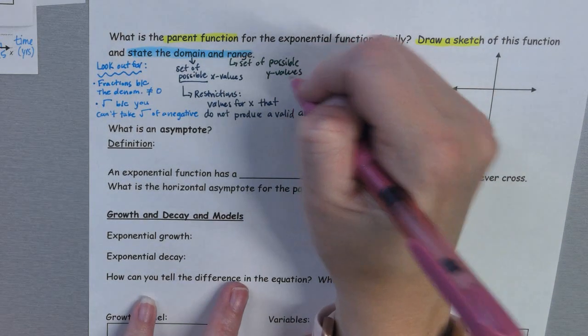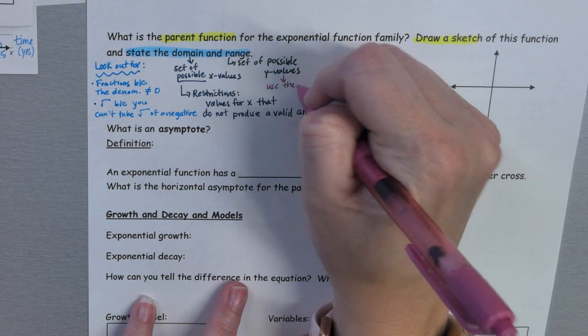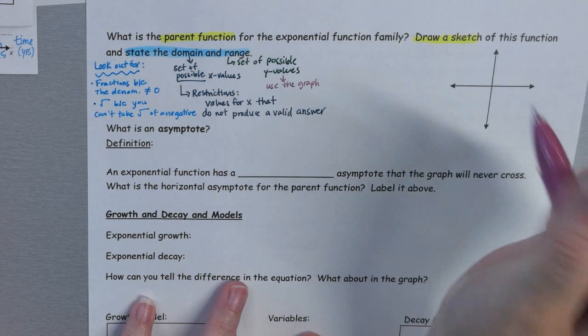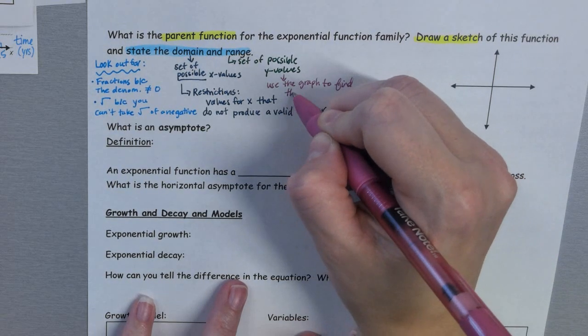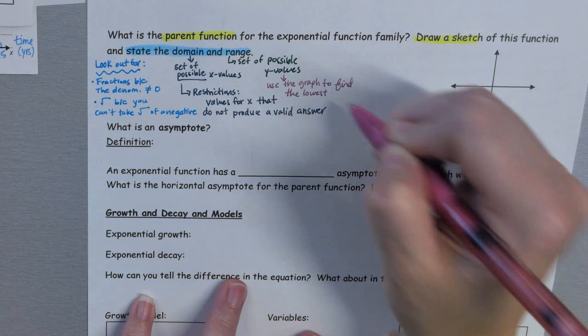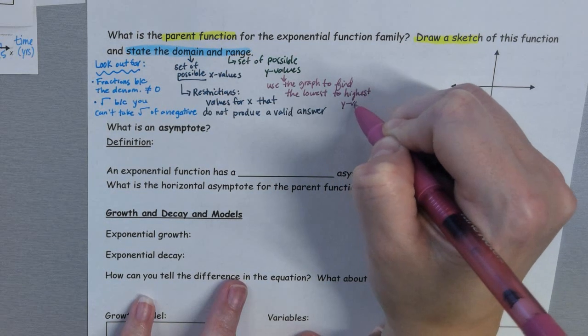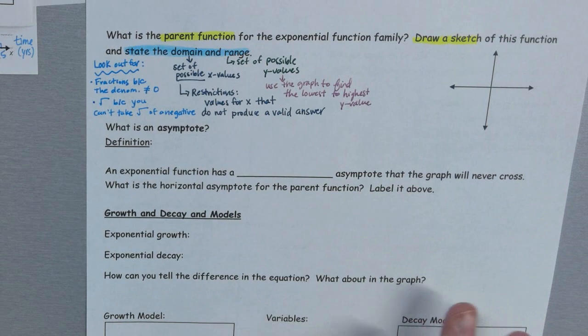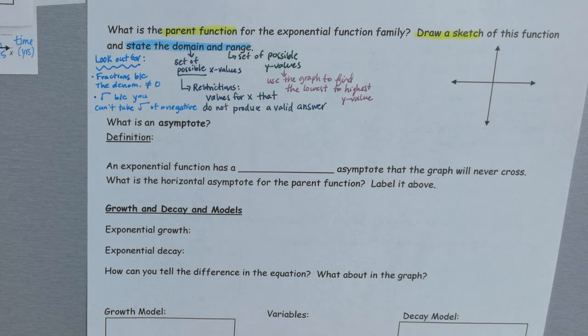So the set of possible y values, we are going to use the graph to find the lowest to highest y values. Alright, so like I said, these are foundational things that we're going to build upon as we dive deeper into the chapter.